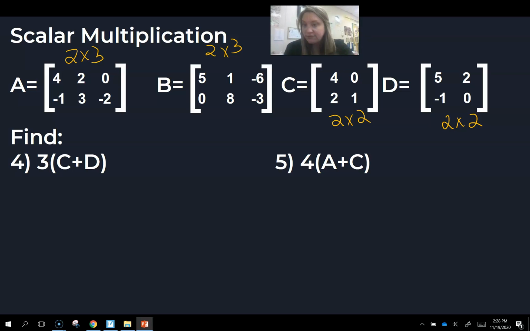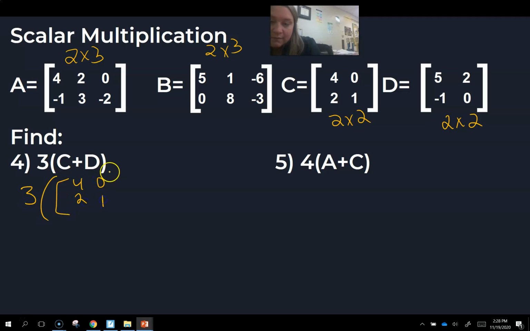Right? So number 4 wants me to do 3 times C plus D. They're the same order, they're the same size matrix, so I can put these together.